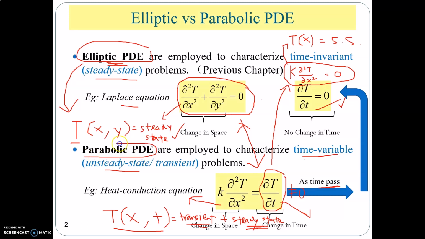For the parabolic PDE, you can find the solution in the transient condition. When the time passes to a large extent, let's say t approximates to infinity, where your delta T over delta t here is equal to 0, then you will find that the temperature to be constant, and this is the steady state condition. It means that we can find the transient and steady state condition from the parabolic PDE as well.